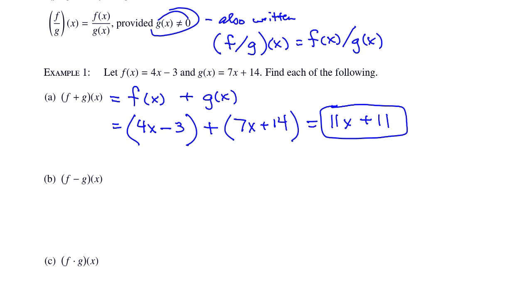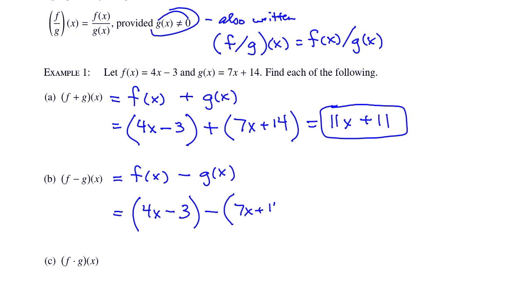Let's look at part B, where it's f minus g of x. So that would be f of x minus g of x. Again, let's use parentheses. We would have 4x minus 3 minus 7x plus 14.